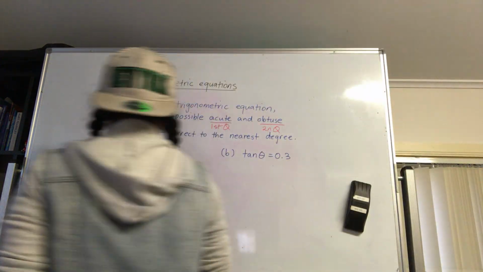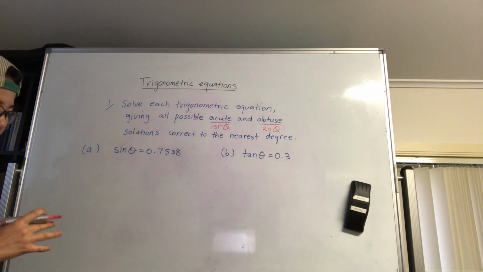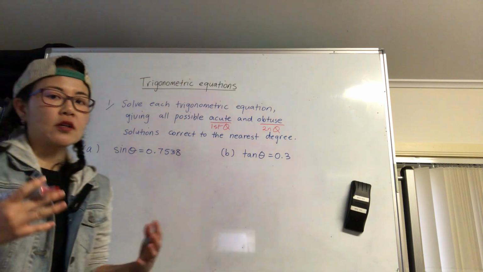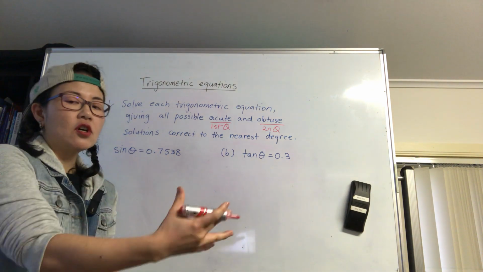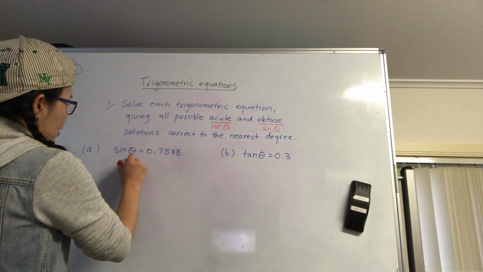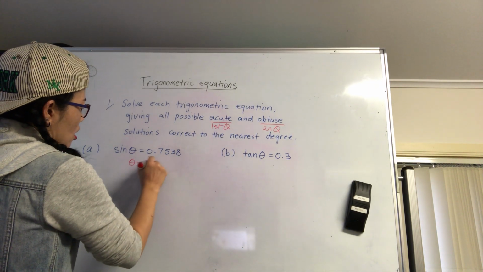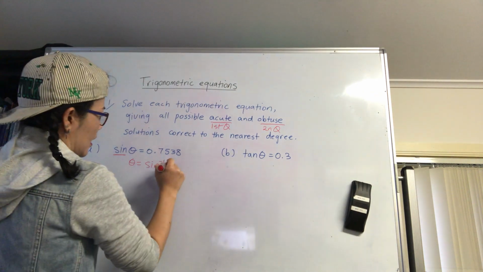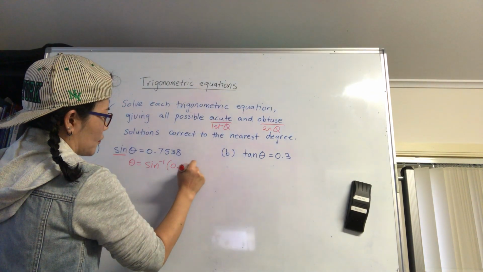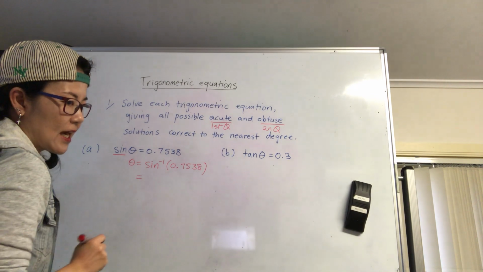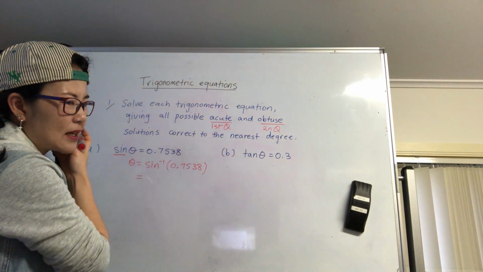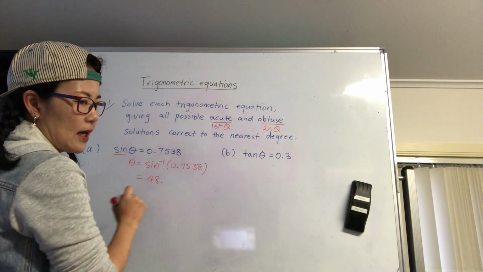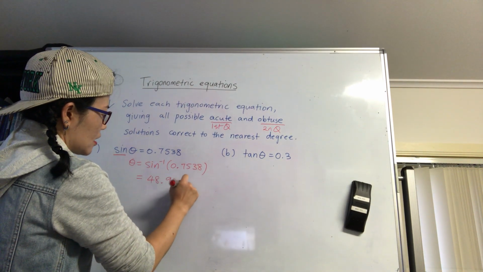Okay, let's have a look. So calculator ready, guys, because we are looking for the angles here. To find an angle we need shift sine, or shift cos, or shift tan. So theta equals sine inverse, because when we move the sine to the other side, it becomes sine inverse, of 0.7538. Put that in your calculator and you will get something like 48.9206.